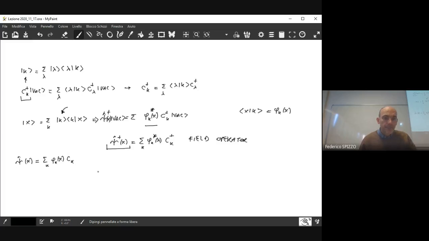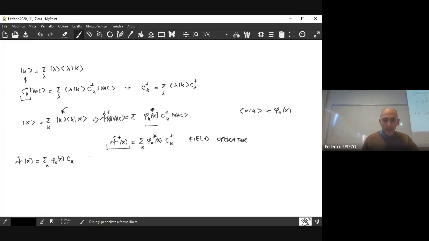And just to see that using the anti-commutation relationships regarding operators C cross K and CK, we may have exactly the same result also in the case of these field operators.